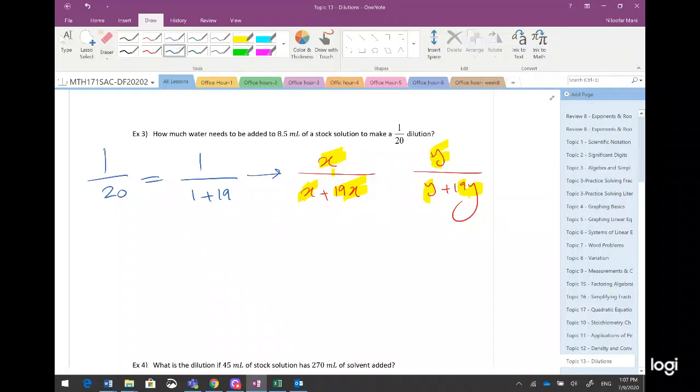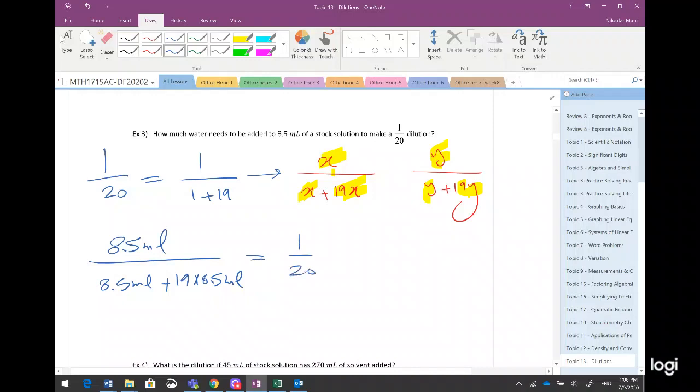So it says how much water to be added. So it means 8.5 milliliter over 8.5 milliliter plus 19 multiplied by 8.5 milliliter. When you factor 8.5 and cancel, this is 1 over 20.